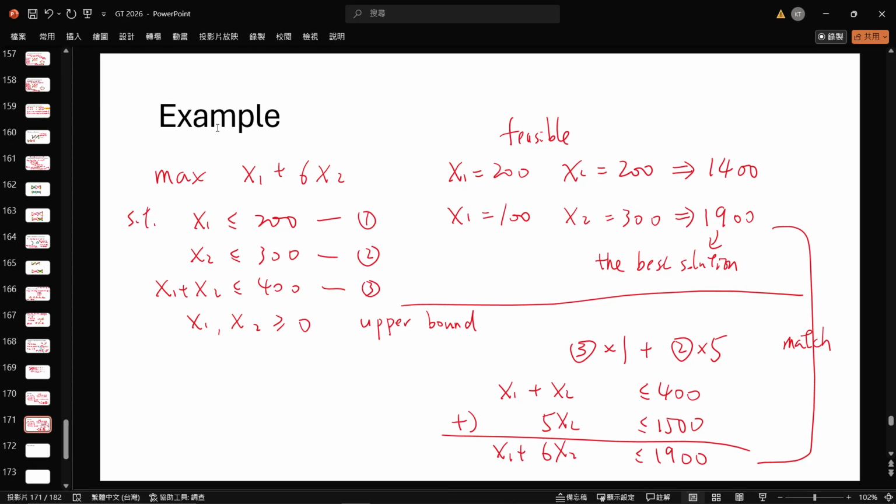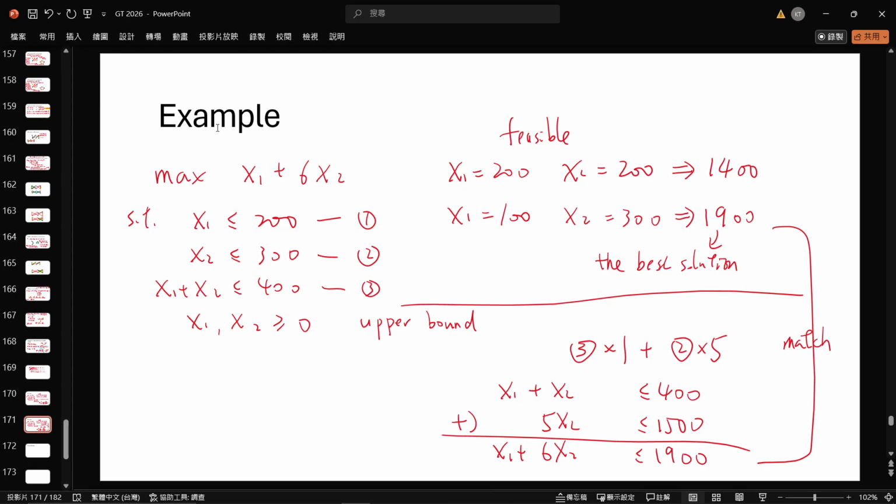And we all know that 1,900 is better than 2,000 because I want to have a tight bound. I want to minimize this term, and hopefully the result I get matches the solution here.